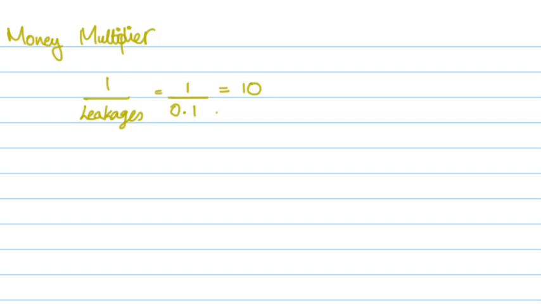Now, the bank can lend 90 out of 100, which means that if I calculate the credit creation, the bank gave away 90 in the form of loans. This 90 will be multiplied by the money multiplier.